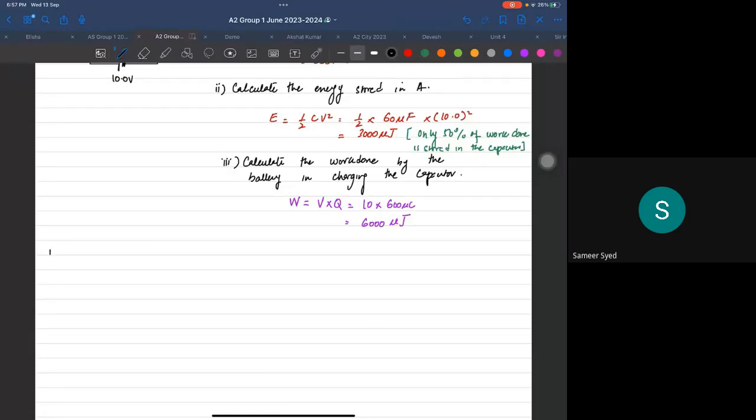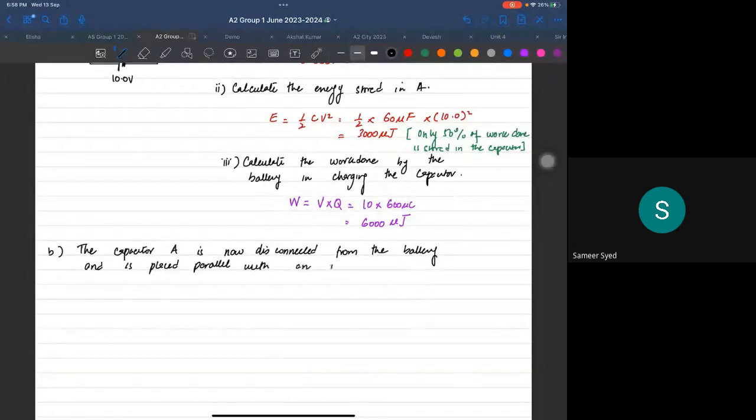Now, if you do the next part, I will be very, very happy. So the part B on this one says the capacitor A is now disconnected from the battery, and is placed in parallel with an uncharged capacitor B of value 40 microfarads.